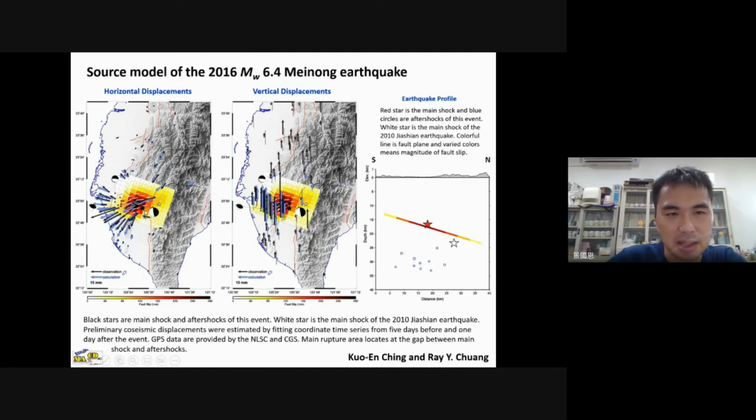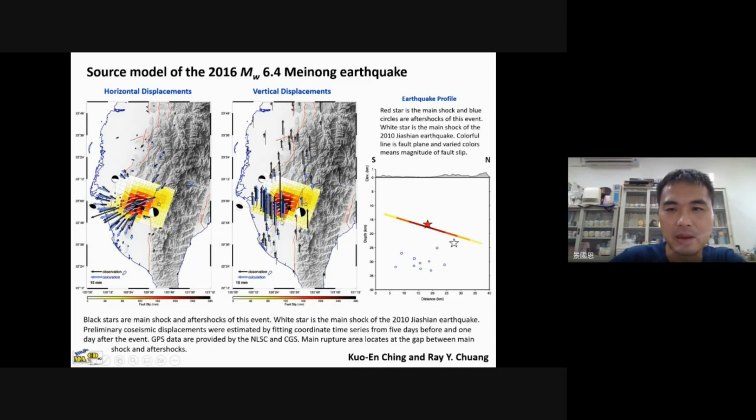Once the model can predict the observation, we can understand the distribution of the slip on the fault. And once we know the slip distribution, based on the slip and the rupture area, the fault area, we can calculate the energy released on the fault. We also know where the fault is.